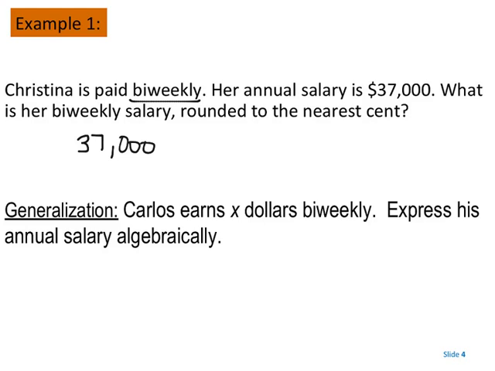So we are going to divide by 26 to see how much she is getting paid each of those paychecks. When we do 37,000 divided by 26, we get $1,423.08, rounding to the nearest cent.